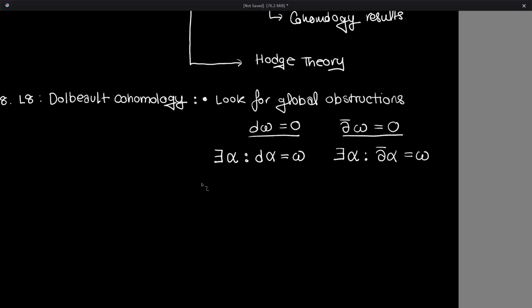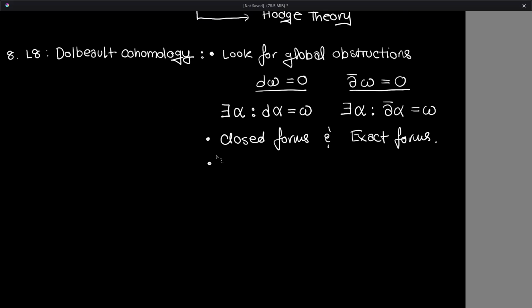But we also figured out closed forms and exact forms. And so the way that this parlays into what we're going to talk about now is because we're going to talk about Hodge decomposition, and these all rely on the notions of closed forms, exact forms, the exterior derivative operator, and all of these notions of cohomology, the cohomology groups.